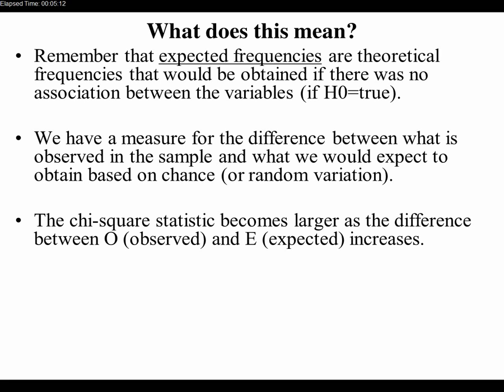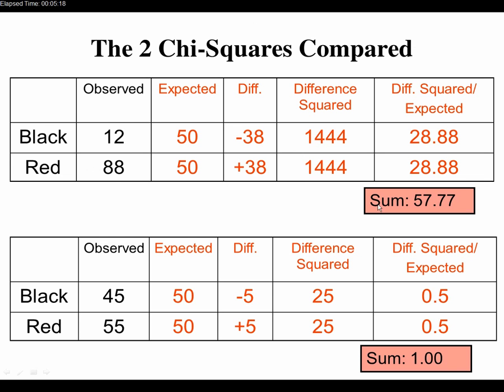So that number, the chi-square, 57.77 or 1, gets bigger as the expected and the observed are more different.